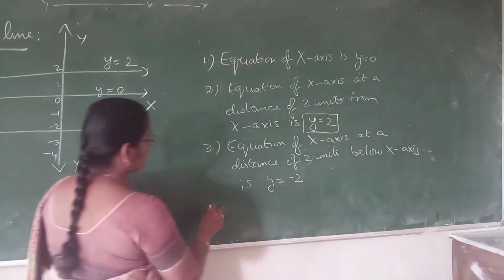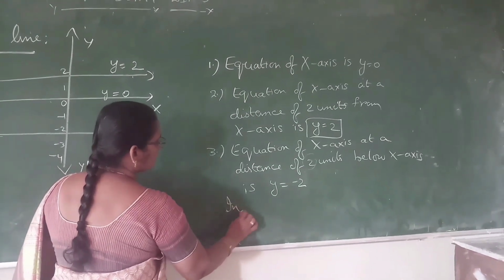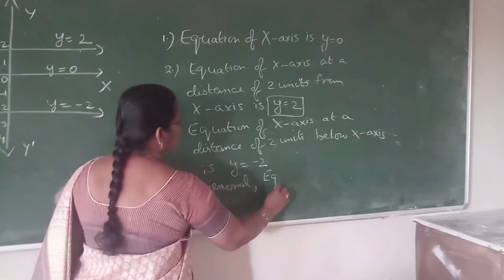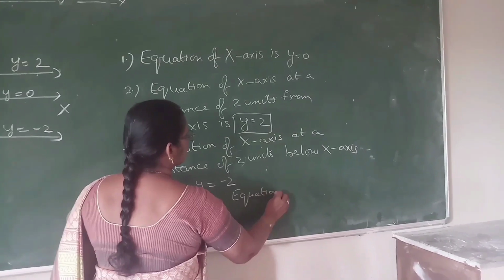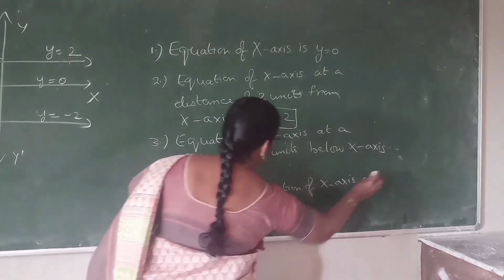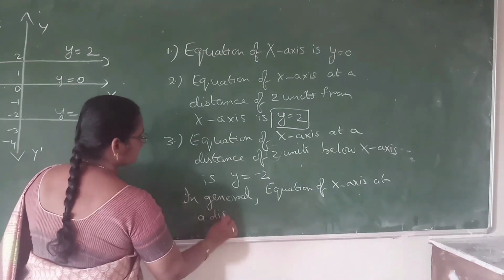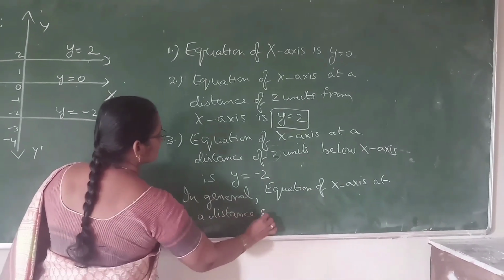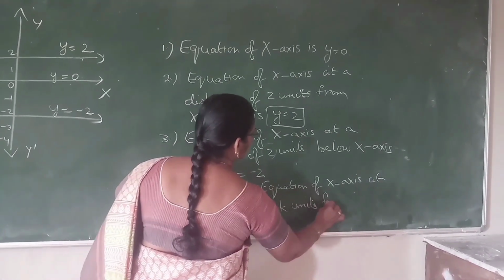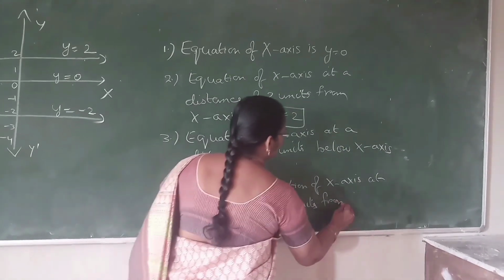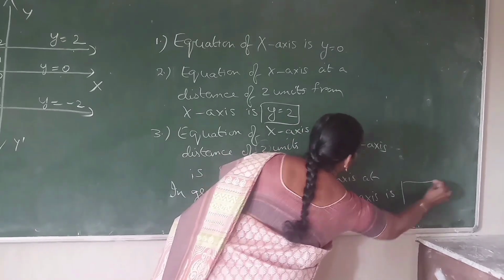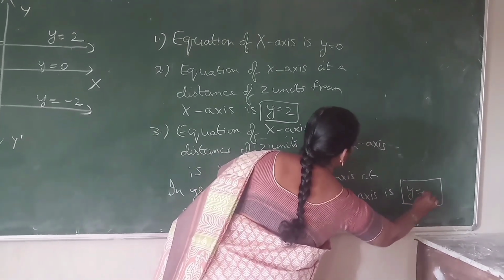Now, so in general, equation of a line at a distance of k units from x-axis is y equal to k.